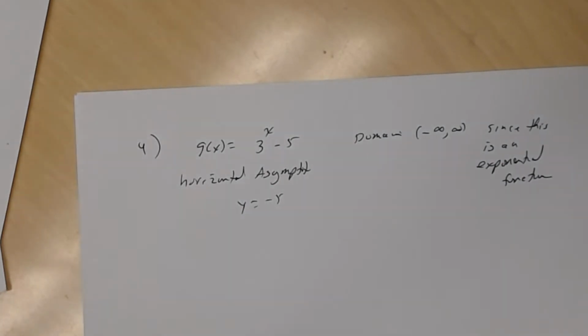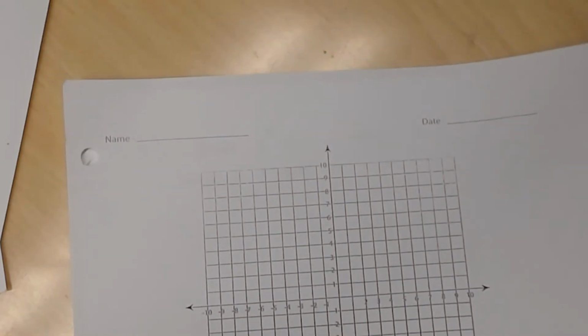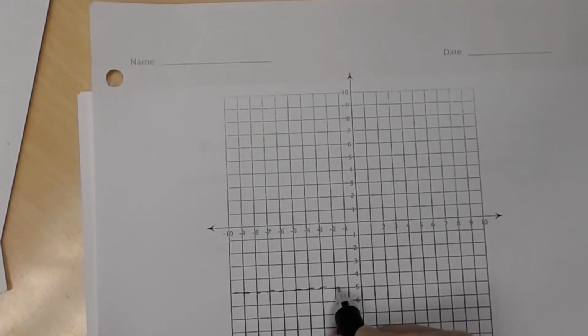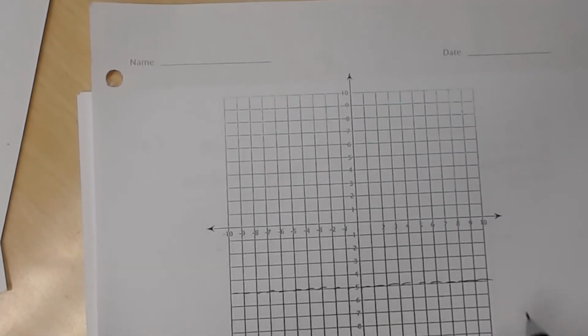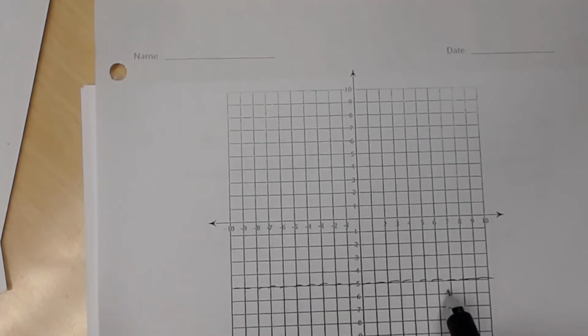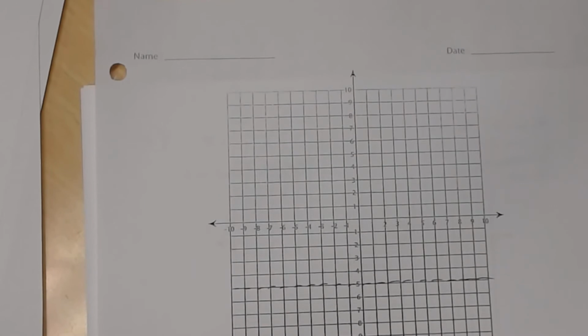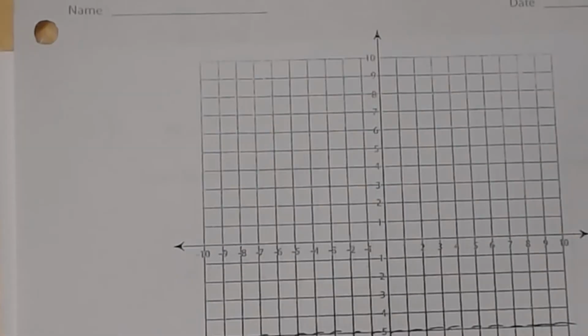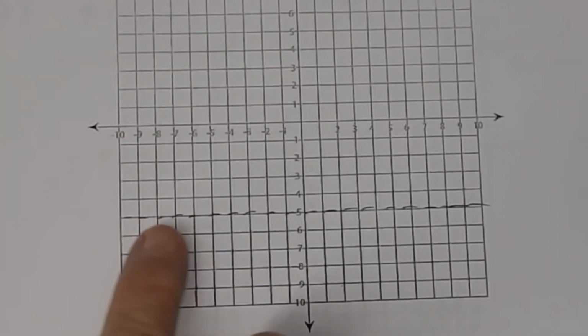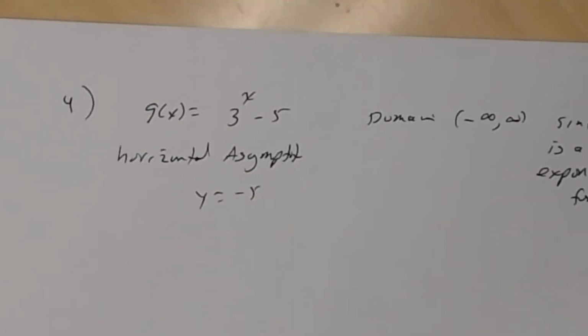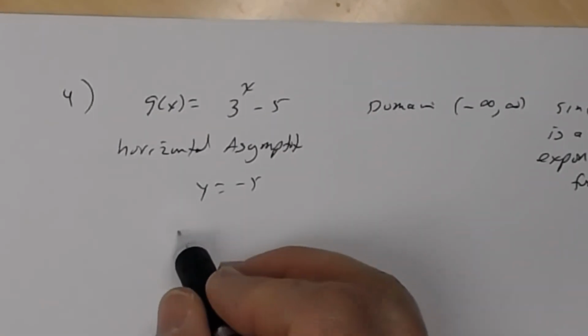So right away I can draw the horizontal asymptote. Let's do that. So here's the horizontal asymptote right here. Use a dotted line. Let me enlarge it so you'll see it a little better. You see right here, y equals negative 5. Okay? All right, now let's do a t-table.